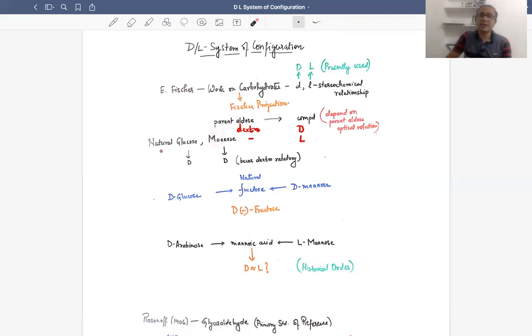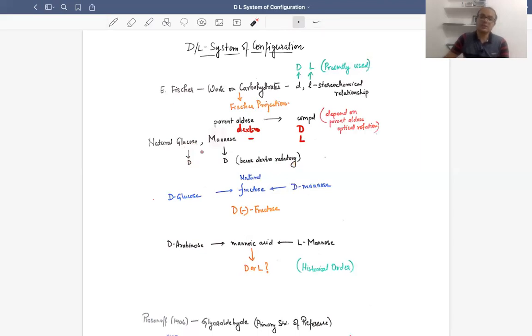So when he discovered natural glucose and he assigned the Fischer projection to natural glucose, he came to know that natural glucose had an optical activity that is dextrorotatory. And therefore, he assigned natural glucose to the D configuration. Similarly, natural mannose was also assigned the D family because both these compounds were having a dextrorotatory nature of optical activity.